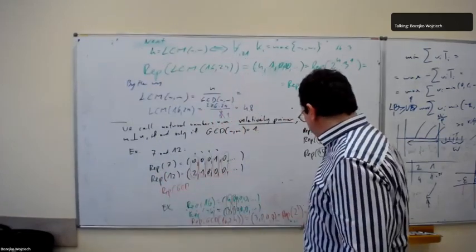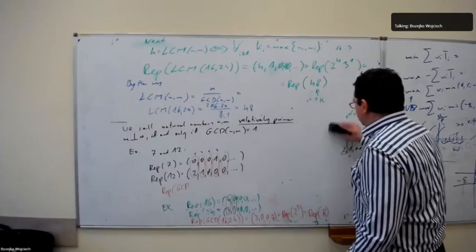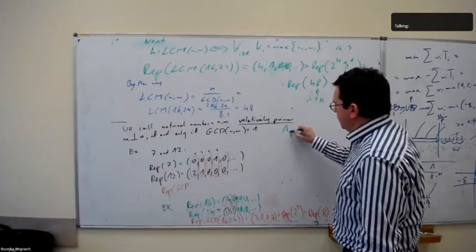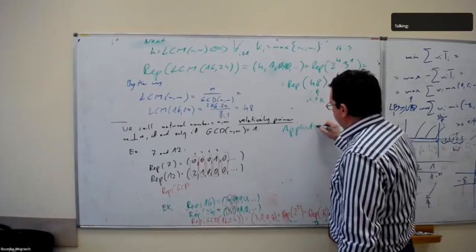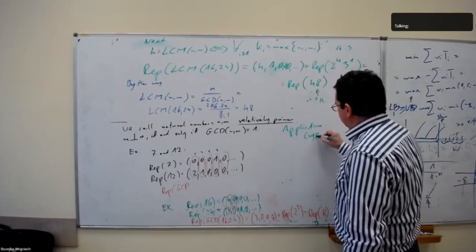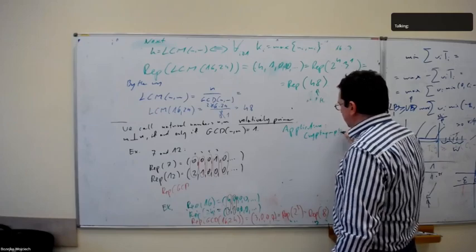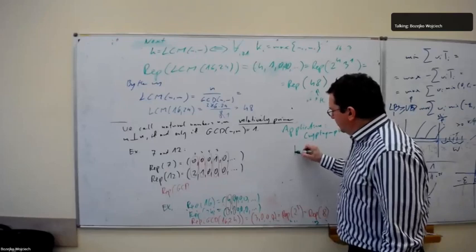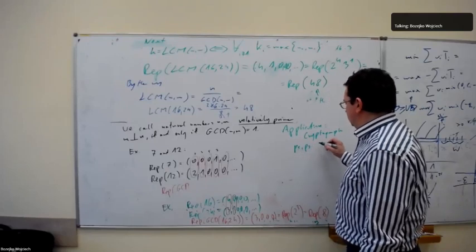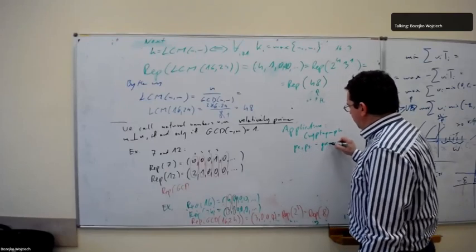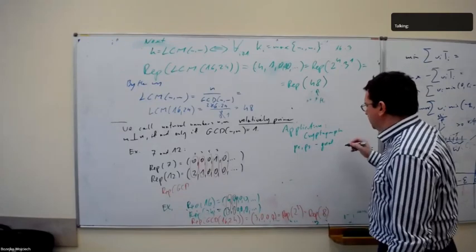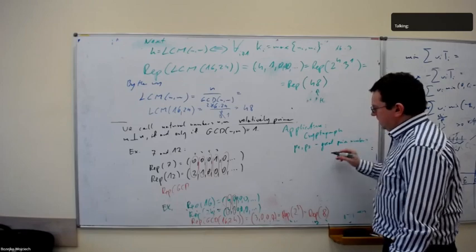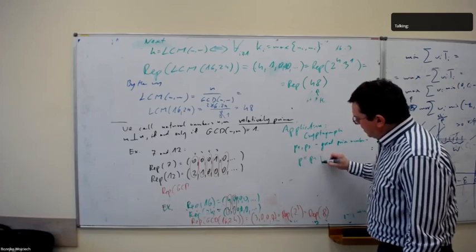Especially if we have an application in cryptography, the method in many approaches is to find P1 and P2, great big prime numbers, and compute P as P1 times P2.